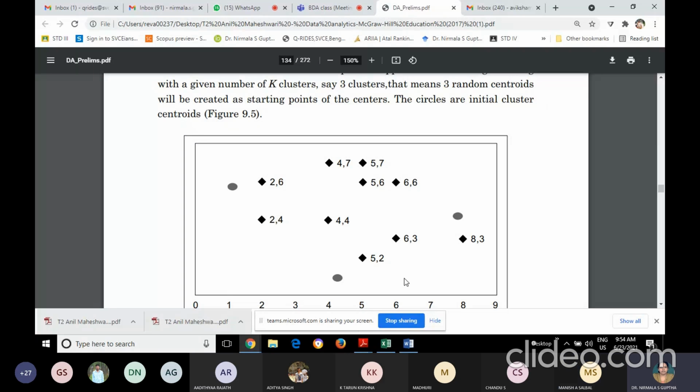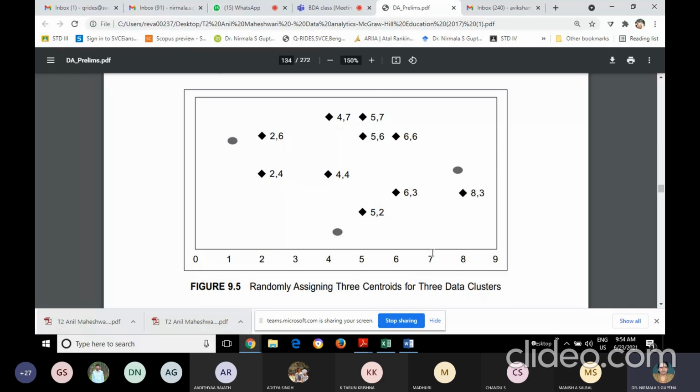Yes, ma'am. Okay, fine. So after this, what are we supposed to do? We are supposed to find the difference between the data points and the particular centroid they are near. Pointing with the mouse, you can see the first centroid, between 1 and 2 somewhere in the plot, which is almost nearing 2,6.